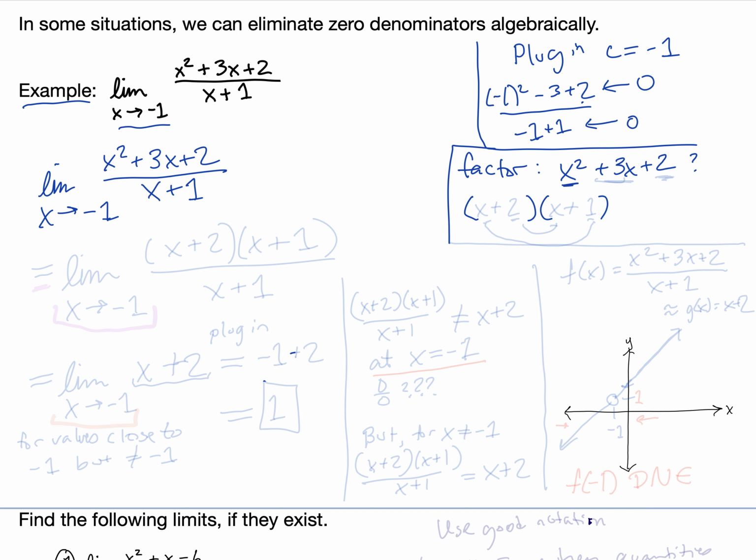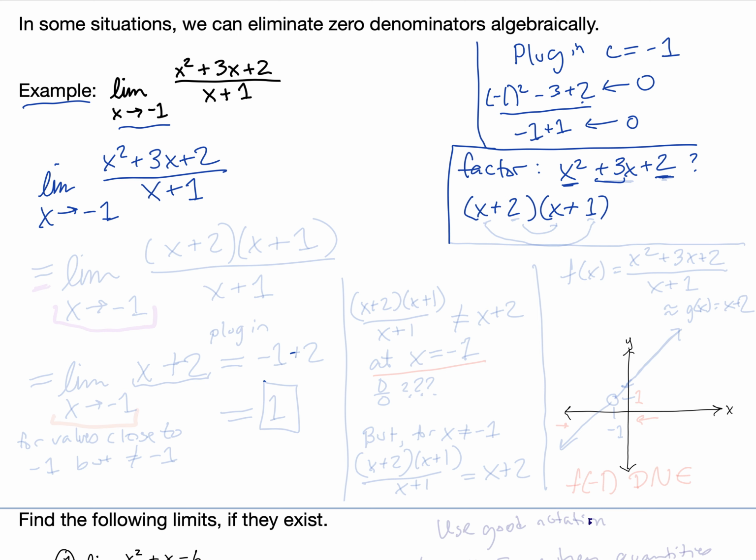If it does, then what would we need? Well, the first term is x squared, so the first term of each factor would be x. The last term is a 2, so we could either have a +2 and a +1, or a -2 and a -1. But we see that the middle term is a +3, so that tells us that this is going to be a plus and a plus.